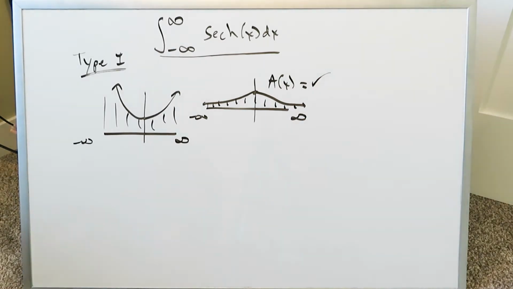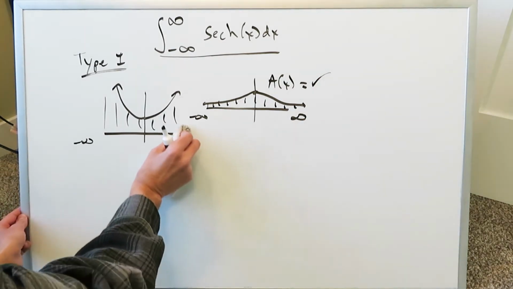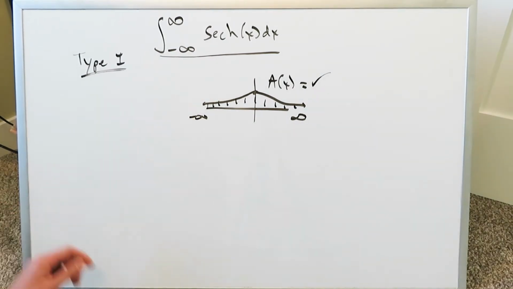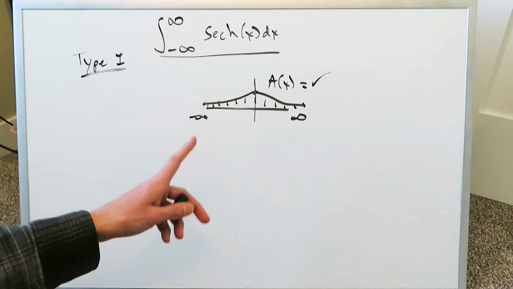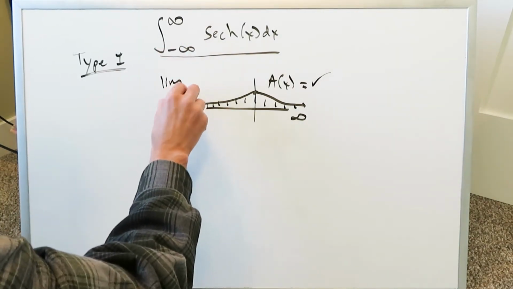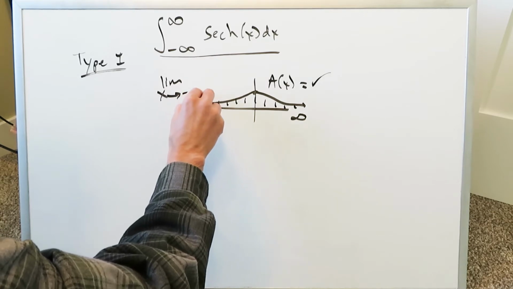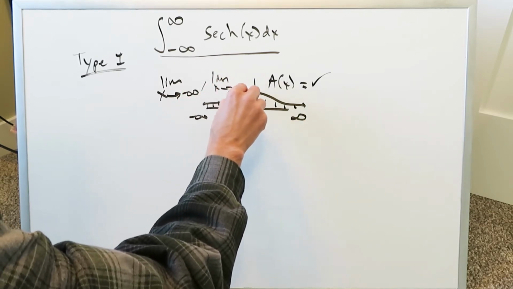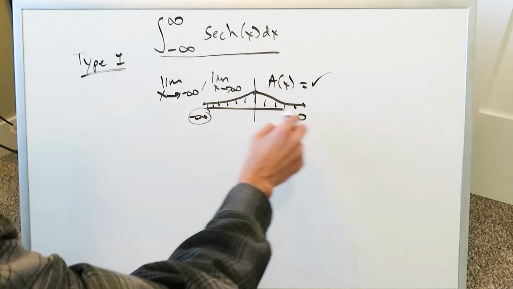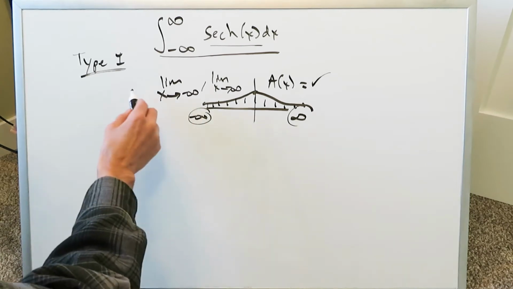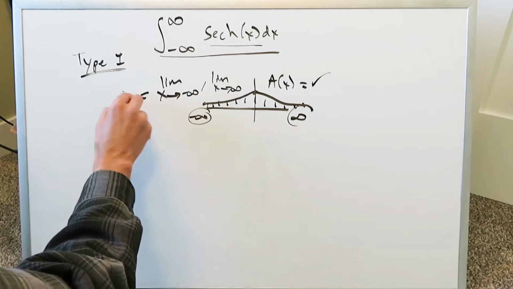Let's look at how we can examine this in the less efficient way, but it's still a good way because you learn a lot from that. When you look at this specific improper integral with the minus infinity and positive infinity, if you had these two limits, limit as x approaches minus infinity and limit as x approaches positive infinity, for this function here, in each case your answer would be 0 for both of these.